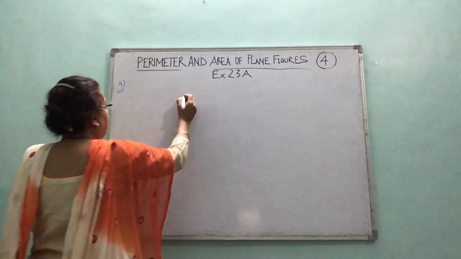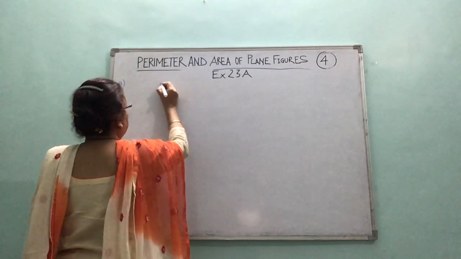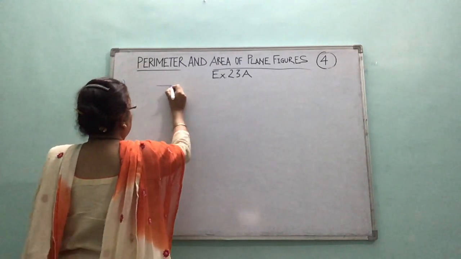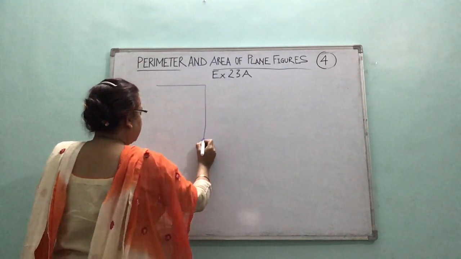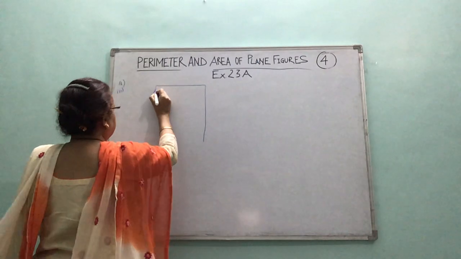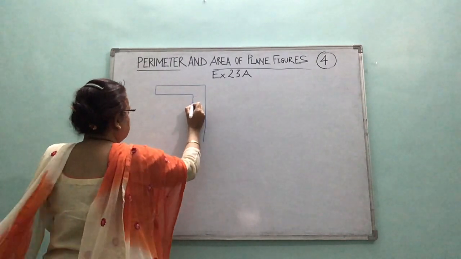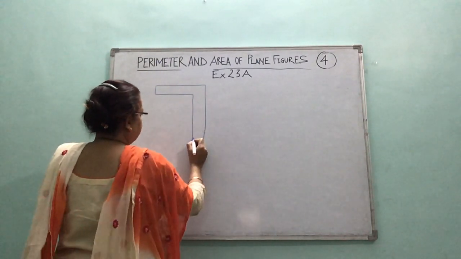Now here the figure which is drawn, these are all at right angles, okay? This is the figure which is made.